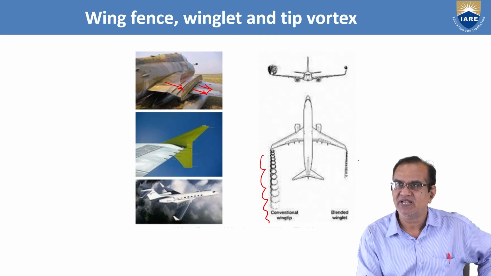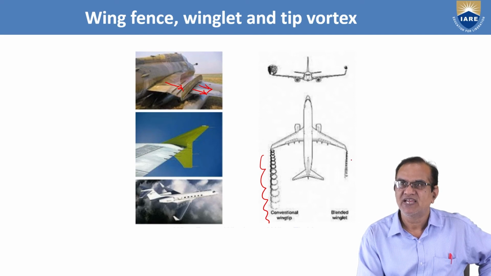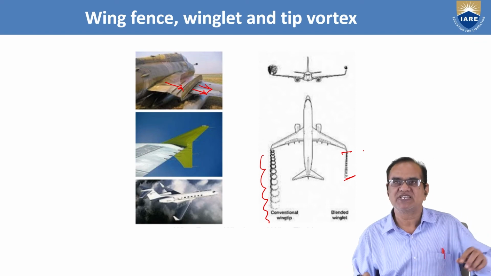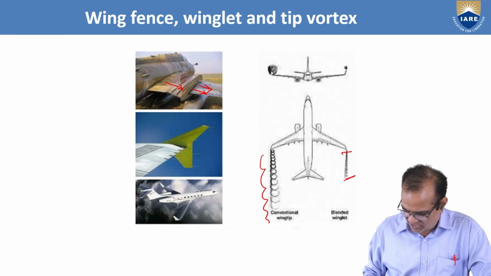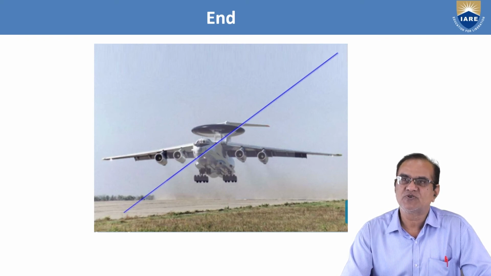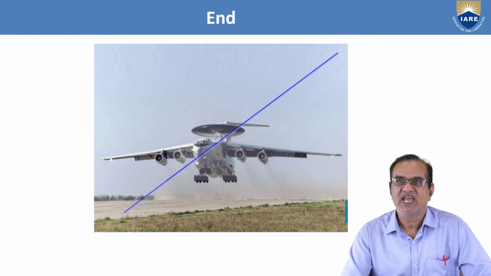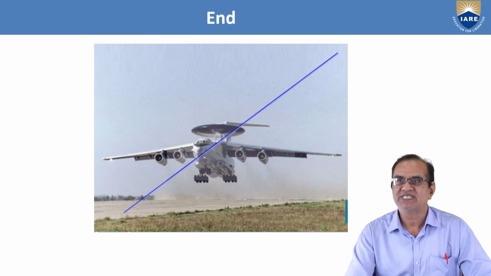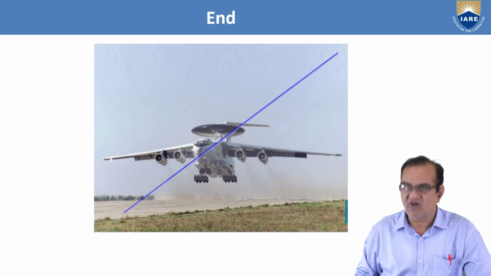But if you have a blended winglet here, only very small wingtip vortices are formed. So this is the advantage of the winglet. Here we have one small diagram which shows different special types of aircraft, and in this you can see how the vortices are formed.